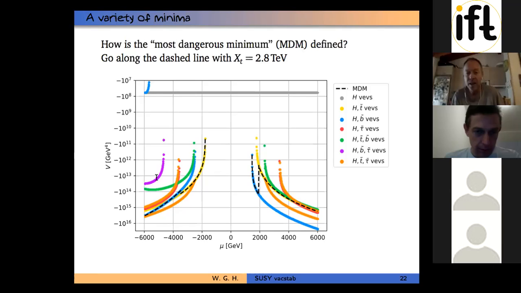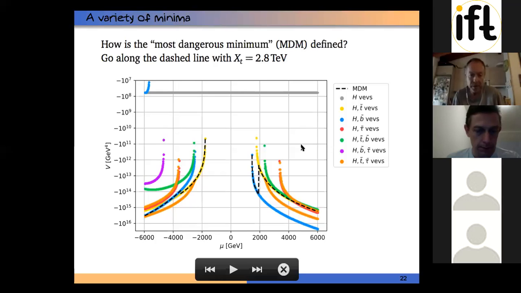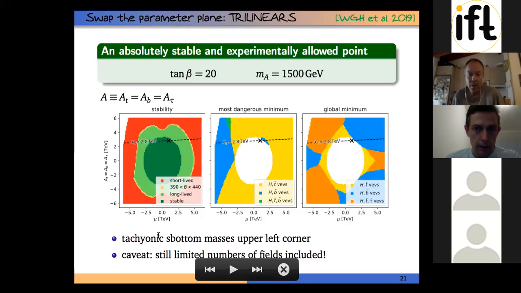For this we have these plots that you can take a look at. This is along this line, of course, not for the full plane.